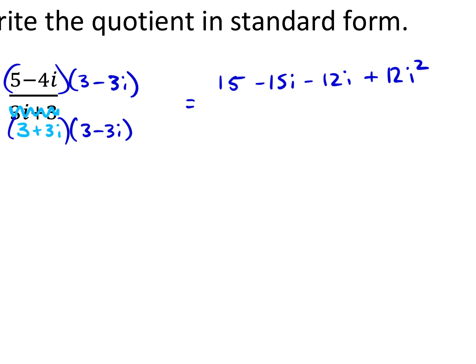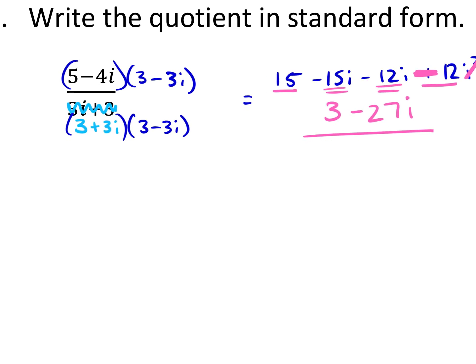Let's simplify the top before we move on. What can I change i squared to be? -1. So that changes this to be a minus 12. Then when we combine our like terms, 15 minus 12 would be 3. And then negative 15i minus 12i would be negative 27i. So that's what we got up top.